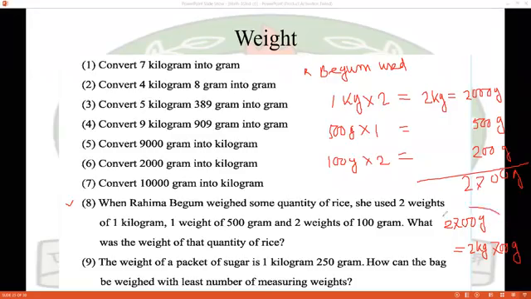And you can write it 2700 gram or 2 kg 700 gram, as you just said.